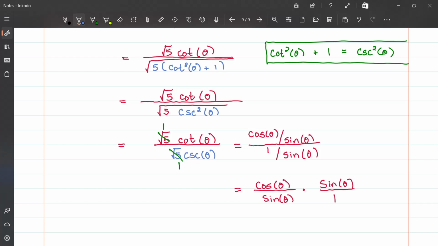Now that I've written my fraction, my division, this way, I notice that I can cross out the common factors sine and sine, and now everything is going to simplify down to just one piece, cosine of theta. And that's it.